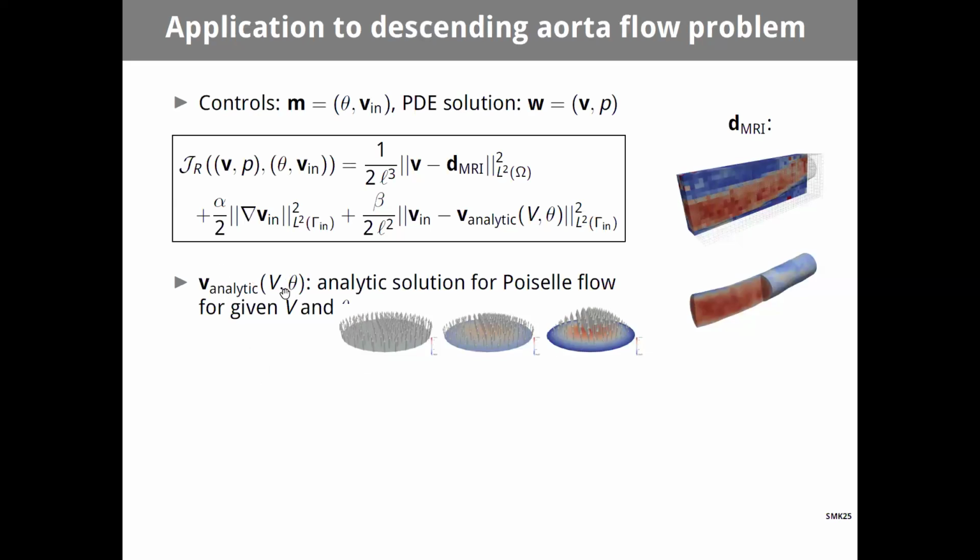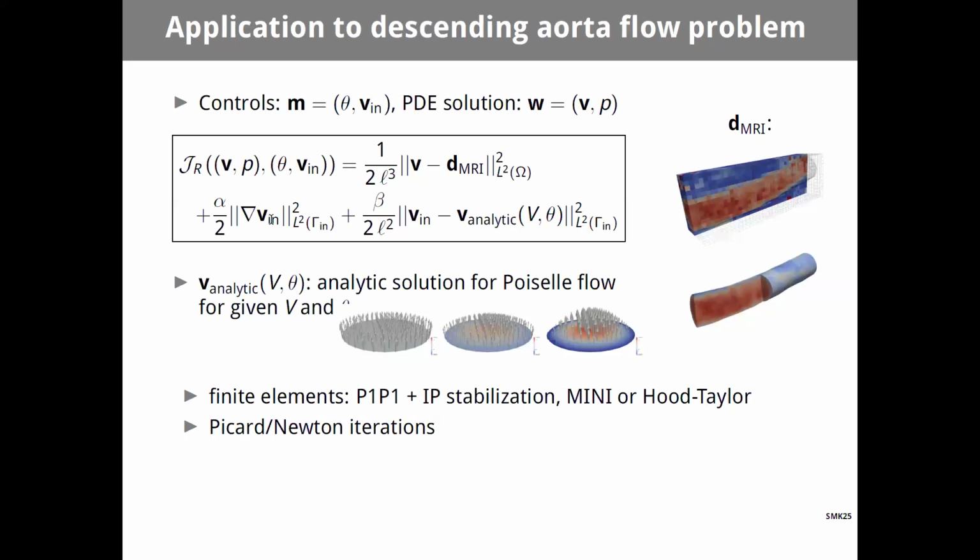So it depends on the theta. If you have no slip, it's the parabolic profile, but if you go to complete slip, it's a constant profile. And you are looking to match this also at the inflow. So this matches the inflow profile, this part matches the volume velocity, and some regularization so that it's in some sense smooth. So you can imagine that this gets pretty computationally intensive.